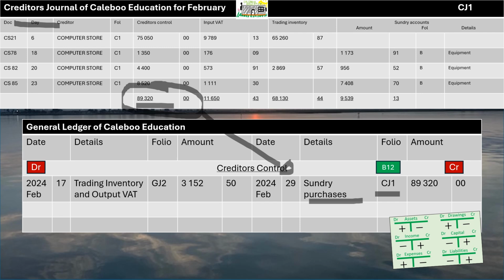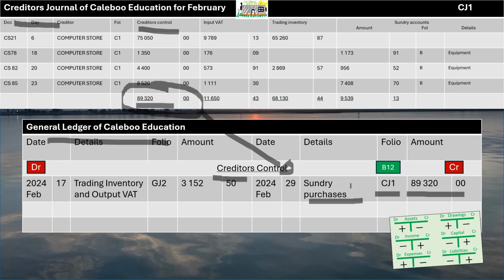The creditors journal. What was the amount? 89,320. So we've posted the total in the creditors control column at the end of February to the control account in the general ledger. And the balance of the control account is going to equal the list of the creditors.